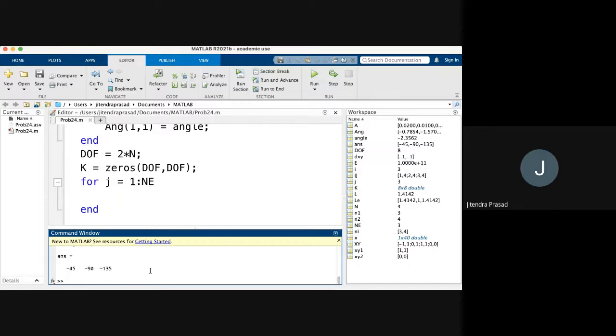If you remember the problem, the first is oriented so that now your angle is from the top to bottom, from node 1 to 2, 1 to 4, node 2 to 4, node 3 to 4. So our orientation is now different. The first one is negative 45 degrees, the second one is negative 90 degrees, the third one is negative 135 degrees.